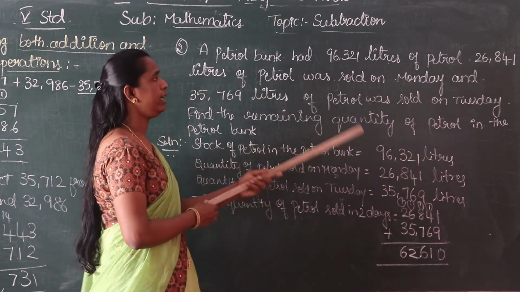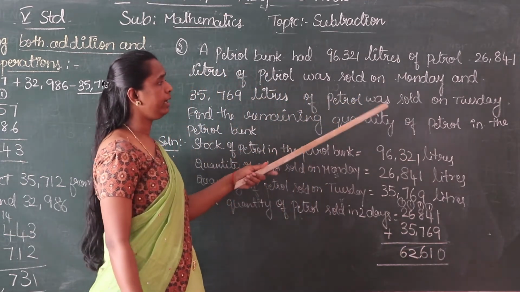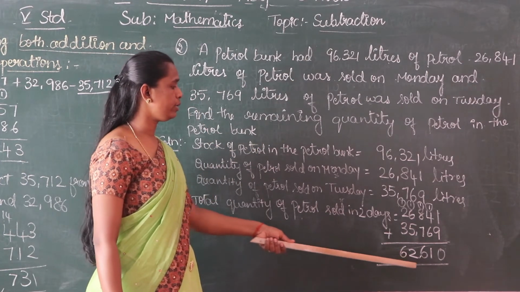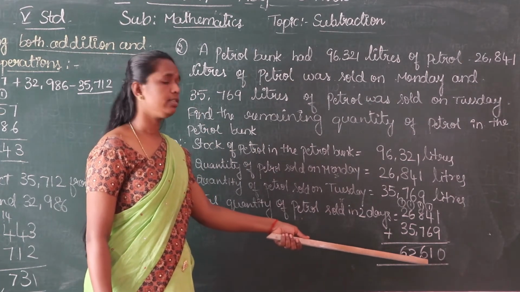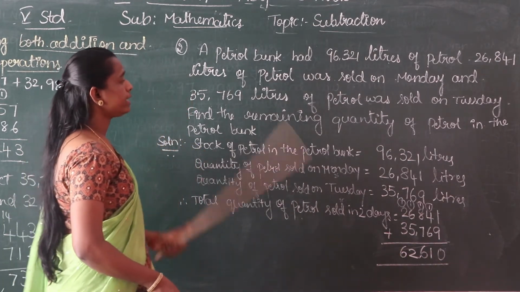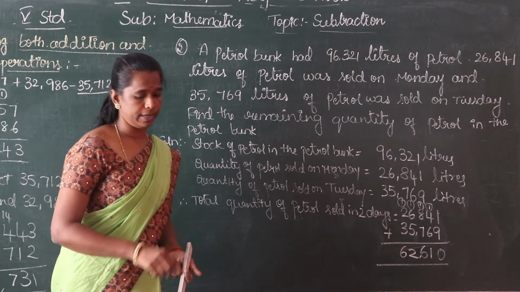So on both days, Monday and Tuesday, the petrol sold is 62,610 liters.